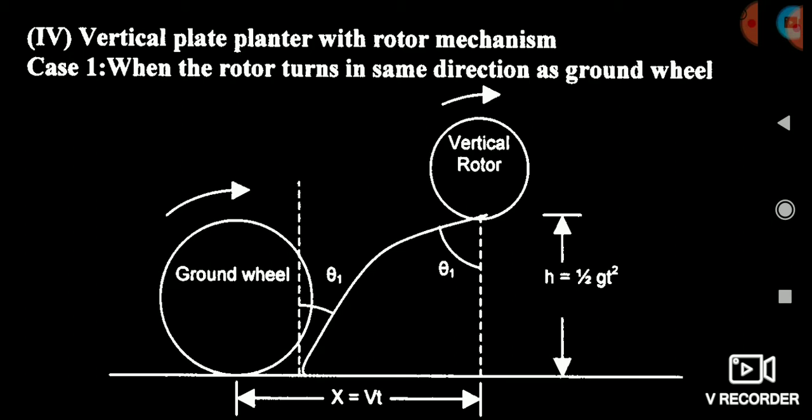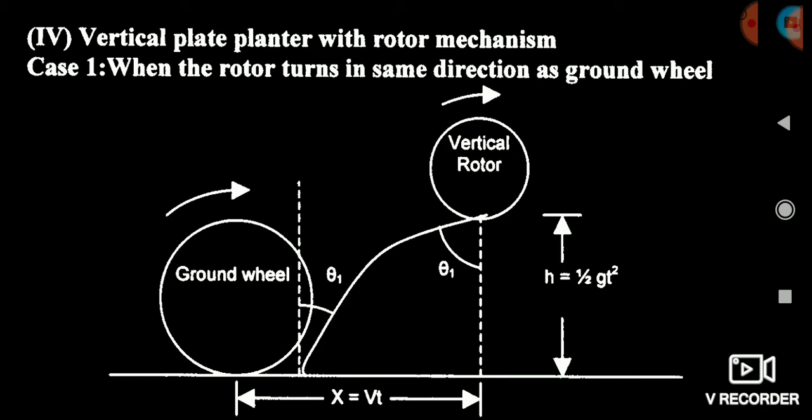In intermediate you studied s is equal to u t plus half a t square, but u, the initial velocity, is 0 because the seed is dropped. That's why h is equal to 1 by 2 g t square. And for horizontal distance, x is equal to v t because in the horizontal direction there is no acceleration. That's why x is equal to v t.